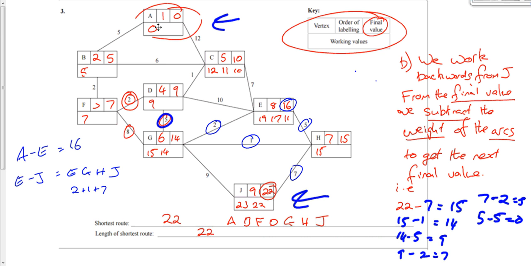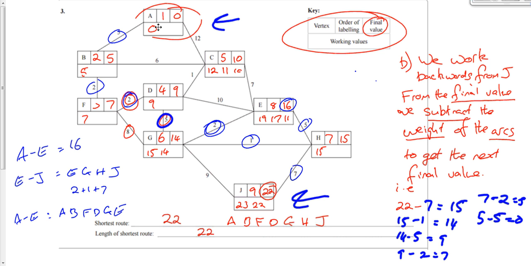So to get from A to E, we went A to B, or if we work backwards, 16 take away the 2 is 14, take away 5 is 9, take away 2, which is a 7, take away 2, take away 5. So we've gone E to G to D to F to B.